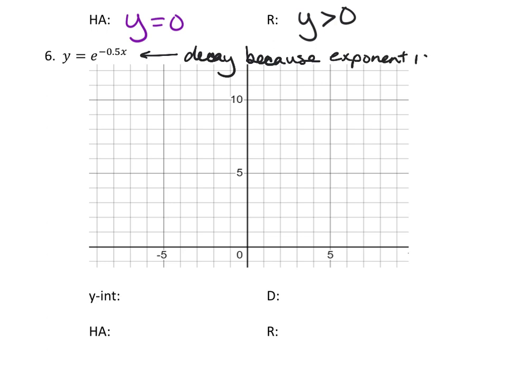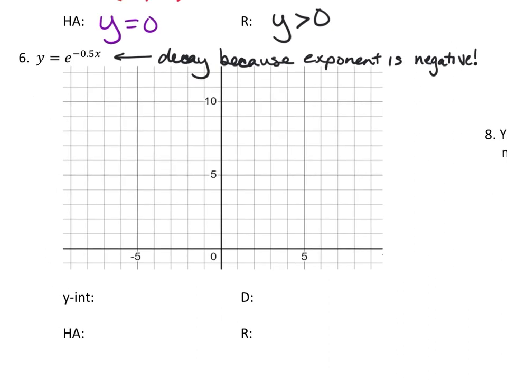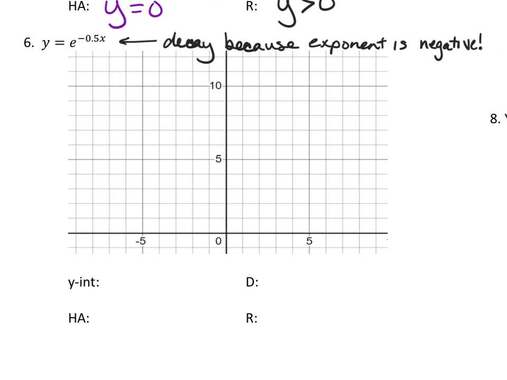Because the exponent is negative. When that exponent is negative when it comes to natural base functions, that's when we know it's decay. Again, this is different than last time. Last time we just checked the parentheses for a number bigger than 1 or less than 1. That still applies, but when it's natural base, we look up here.